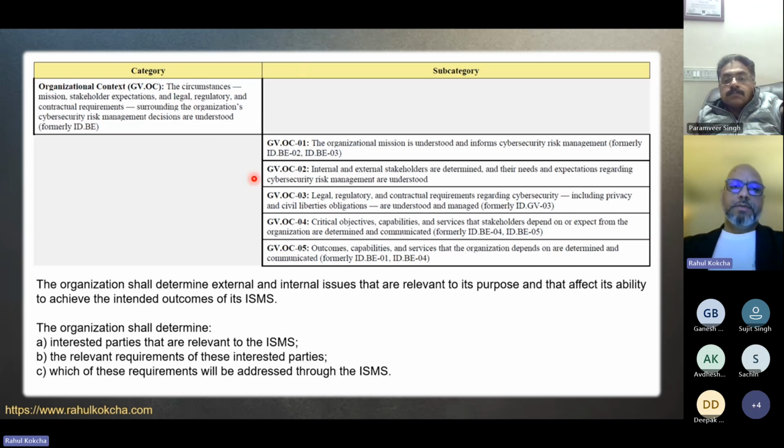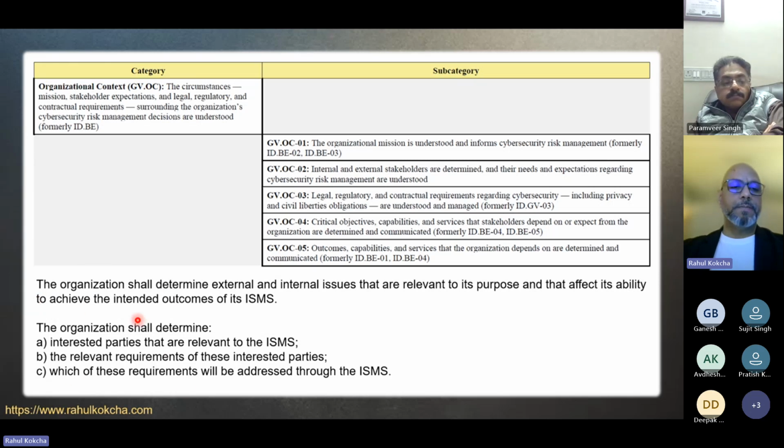So coming back to the discussion about category and subcategory. If you look at these details, the first one, GV.OC-01, says that the organization's mission is understood and internal and external stakeholders are determined. And the text below is copied from 27001.